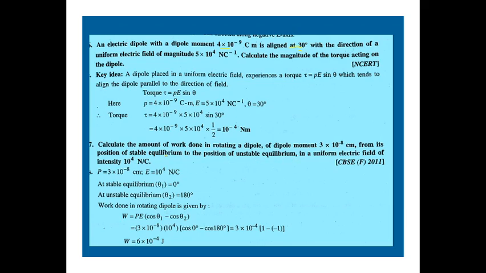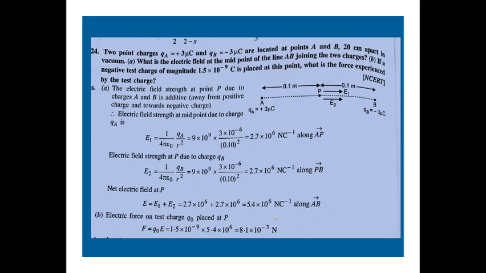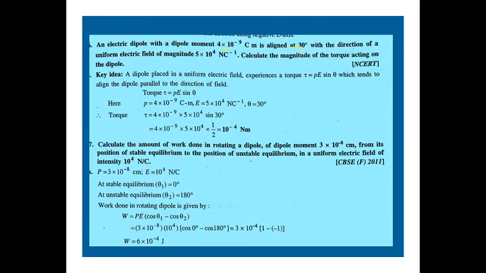Stable equilibrium is when theta equal to 0, meaning the dipole is aligned in the direction of the electric field, and theta equal to 180 degree means unstable equilibrium, in a uniform electric field of intensity 10 raised to 4 newton per coulomb. This is the value of the electric field.